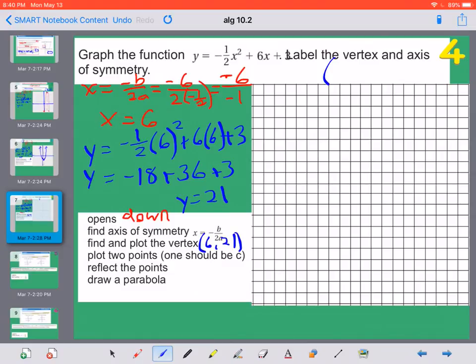So on this graph I have 1, 2, 3, 4. I have 20 lines on this graph. So I'm going to just make this at the bottom here.